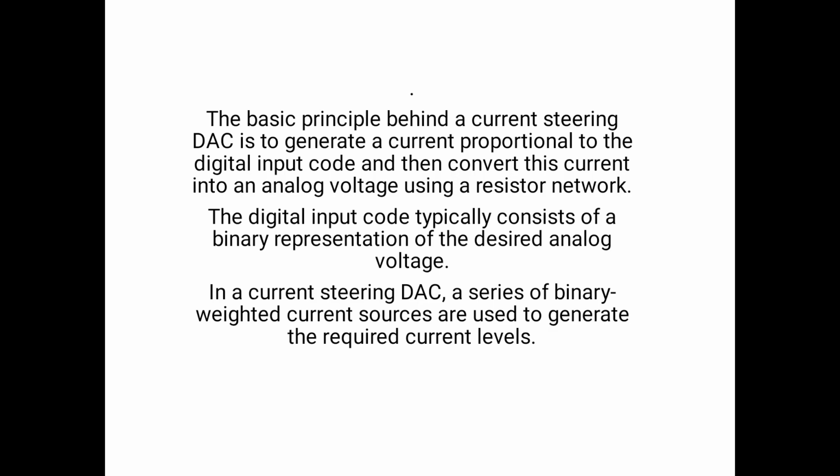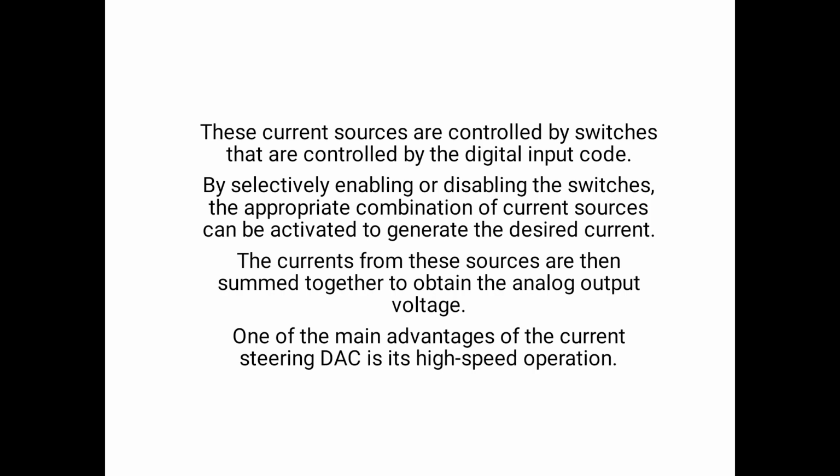In a current steering digital to analog converter, a series of binary weighted current sources are used to generate the required current levels. These current sources are controlled by switches that are controlled by the digital input code.